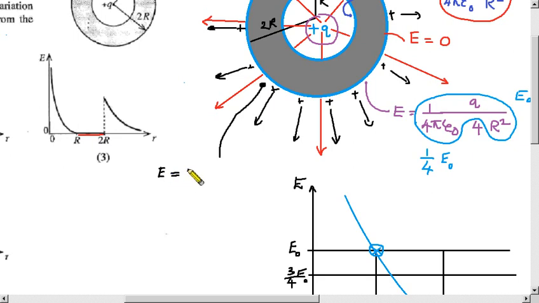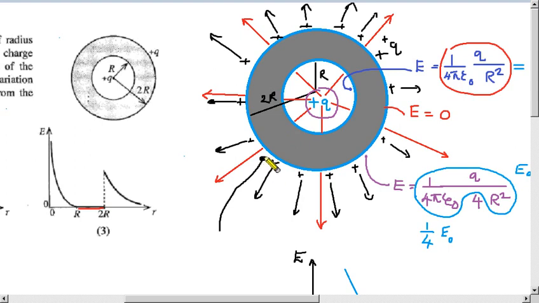E equals, there is a theory. When we are going to calculate this, we should know that there is a theory. If we calculate anything outside a sphere at a place like this, we can consider all the charges to be concentrated at the center.